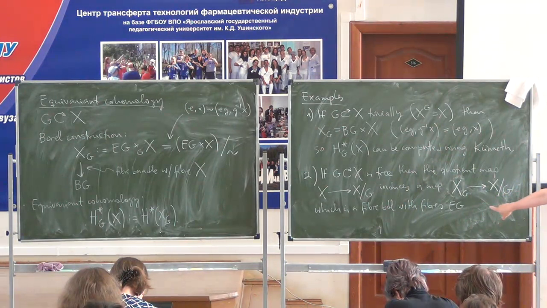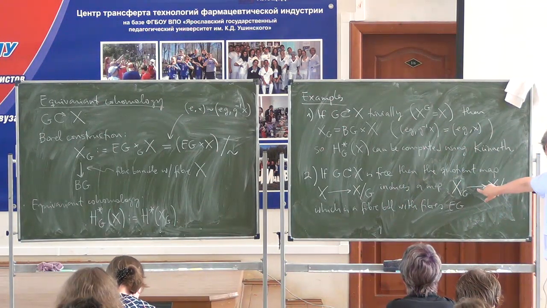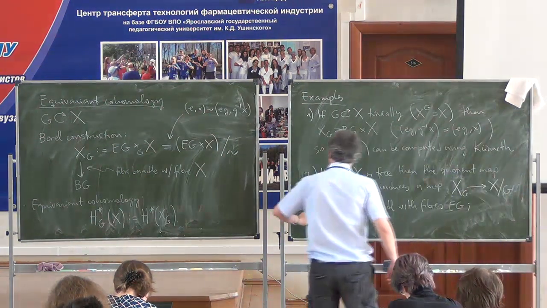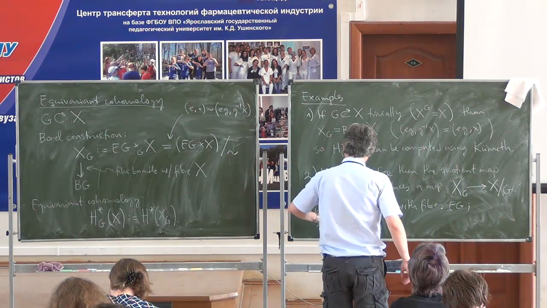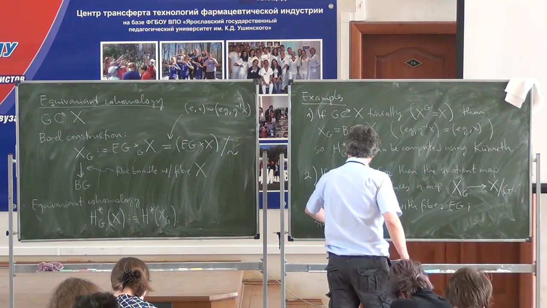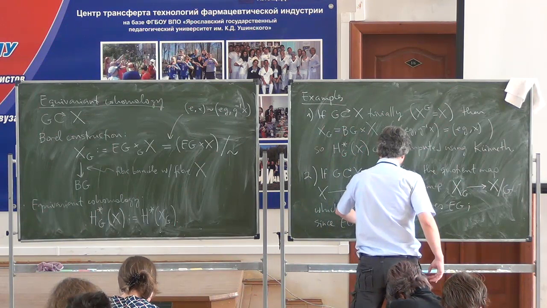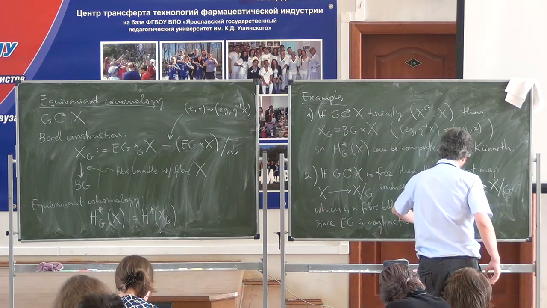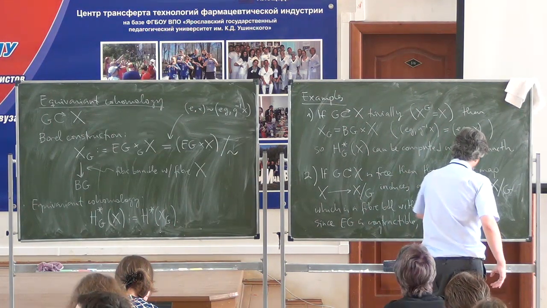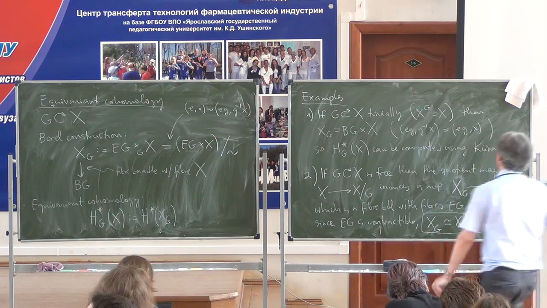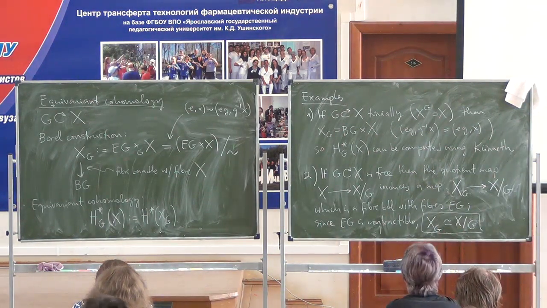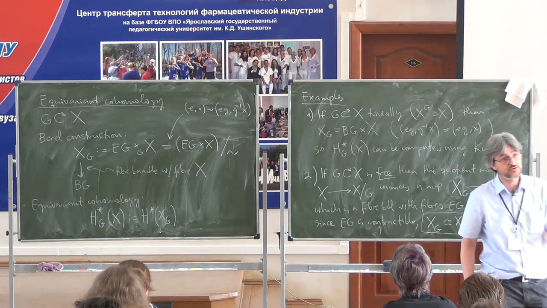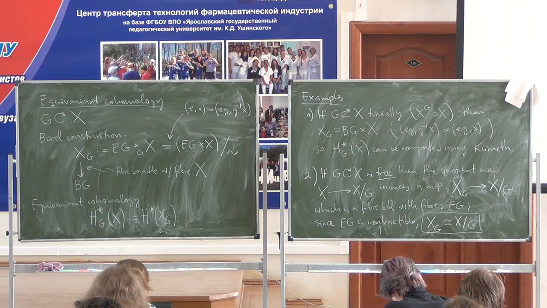But EG is contractible, so this is a homotopy equivalence. In other words, if the action is free, then the equivariant cohomology is the usual cohomology of the quotient.